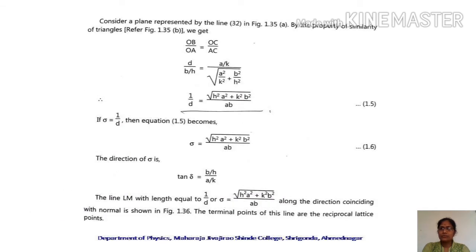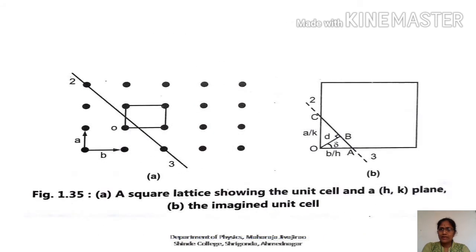Substituting these values we will get d upon b upon h is equal to a upon k divided by square root of a square upon k square plus b square upon h square, as AC value is not directly given, but from the figure we observe that AC is nothing but the diagonal.